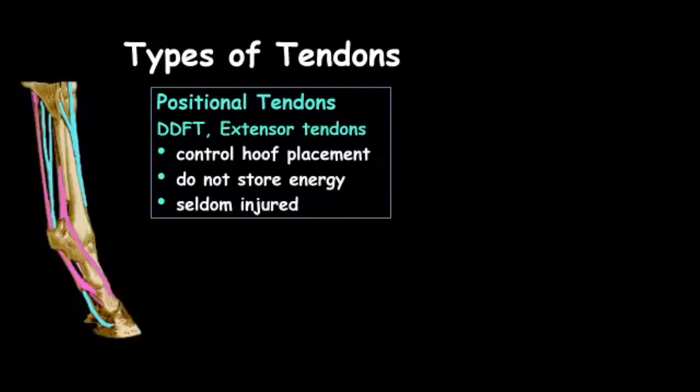They're acting antagonistically to control hoof placement. They don't store energy, and it's also not a coincidence that these tendons are seldom injured by repetitive strain injury. Any tendon can be injured by trauma and so on, but these ones tend not to be injured by repetitive loading.